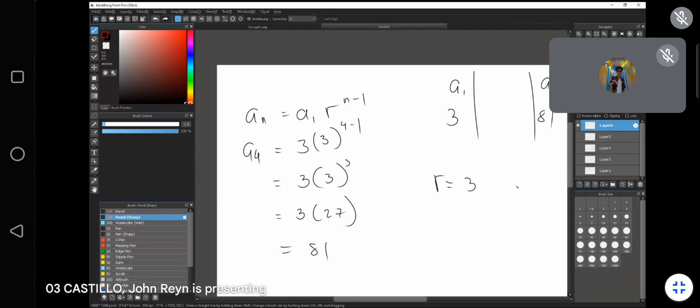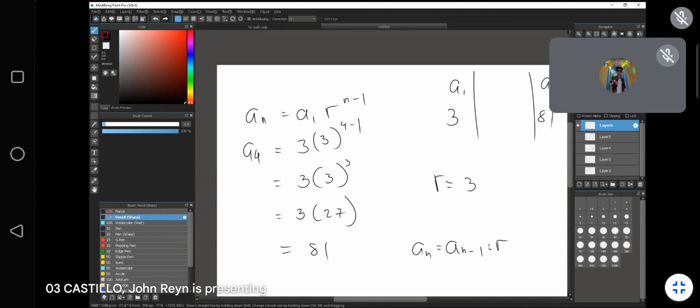A subscript of n, pakisulat. A subscript of n is equal to A subscript of n minus 1 times r. Okay. Class.